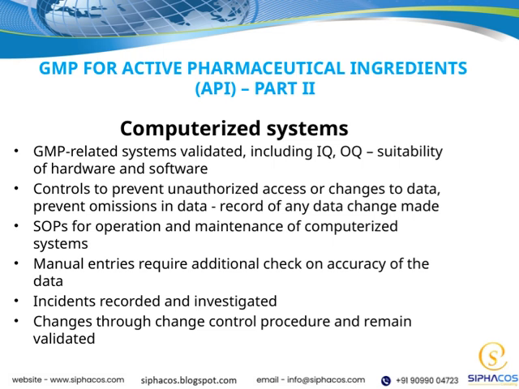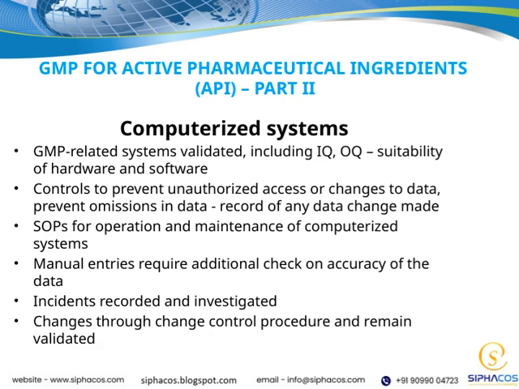For manual entries, an additional check is necessary to verify the accuracy of the data entered, since manual input can be more prone to error. Incidents, whether they involve system failures or data discrepancies, should always be recorded and thoroughly investigated to prevent recurrence. And finally, any changes made to these systems must go through a formal change control procedure.